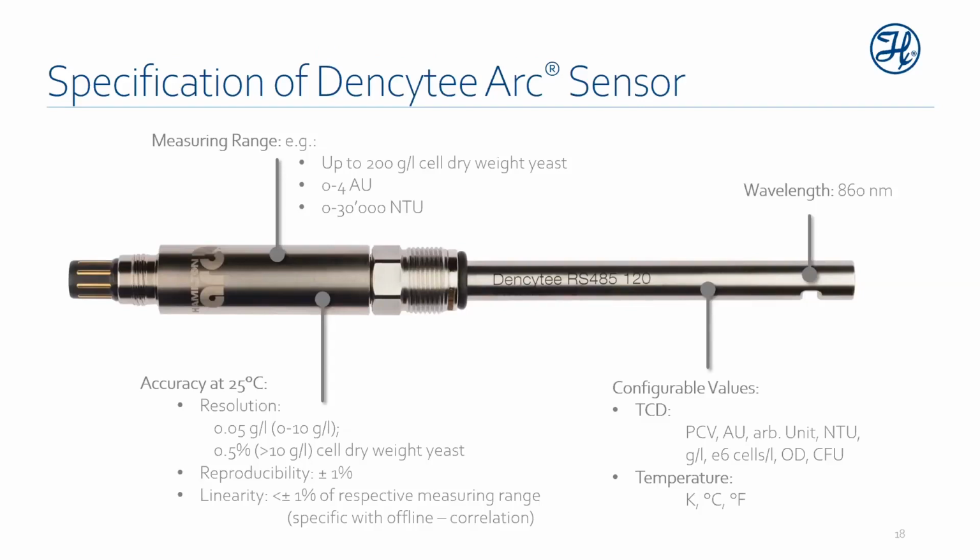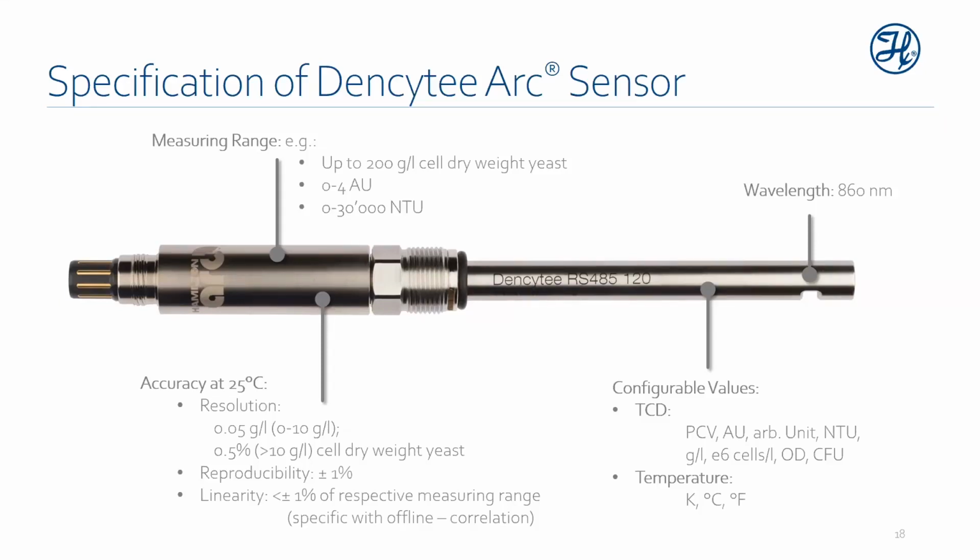The measurement's done using a near infrared wavelength, and it's fixed at 860 nanometers. This is unchangeable, but this was the optimal wavelength for us to remove any visible light spectrum contributions to the baseline signal, from things such as media coloration and the like.